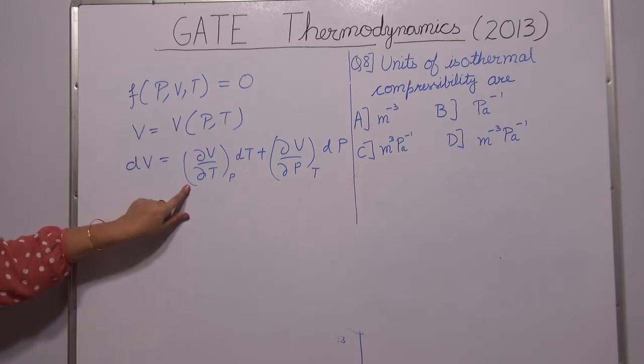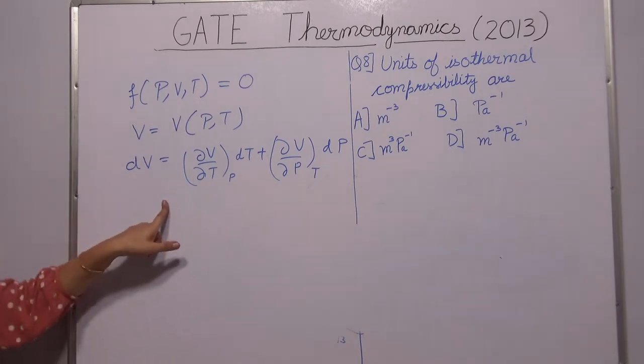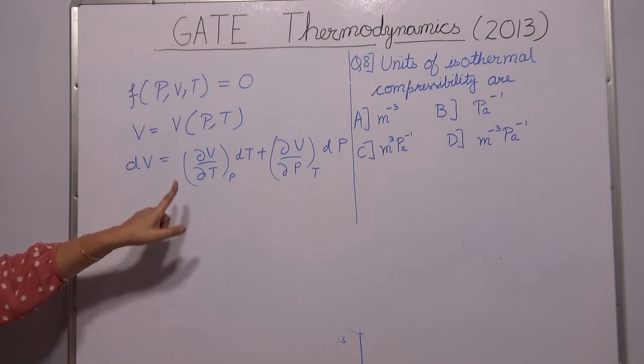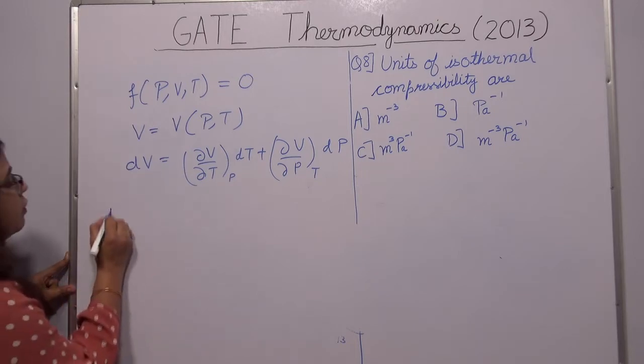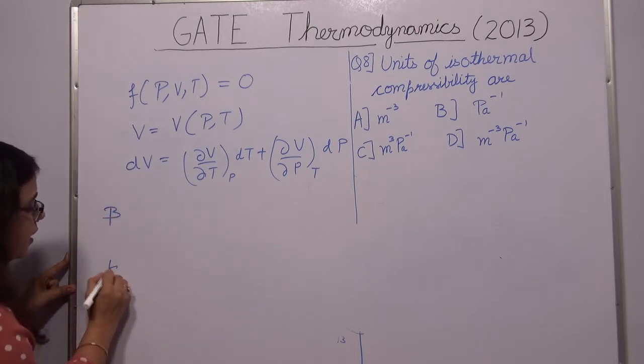Now these partial derivatives have some physical significance, and for liquids they have been tabulated. Now how have they been tabulated? They have been tabulated as the values of beta and kappa.